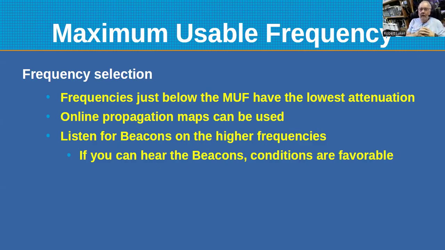One of the things you can use to determine propagation, there's a lot of online sources that will show you propagation maps, and they're updated fairly frequently. It's a color coded thing which shows where the areas of best propagation are.